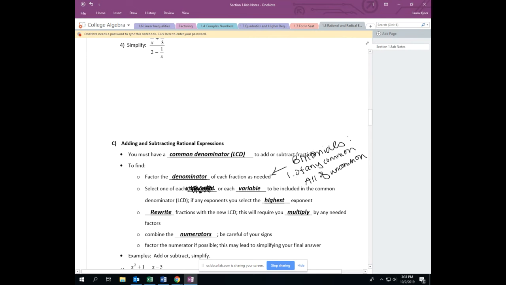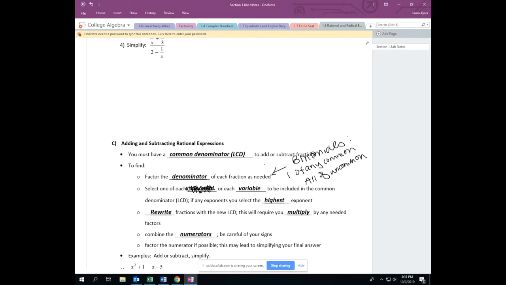So if you see something that they have in common, take it. But you only need one to account for it. If you see stuff that they don't have in common, you have to take all of that. Every single thing has to be accounted for in one way or another, whether it's common or uncommon. So that's the general rule of thumb for finding the LCD.